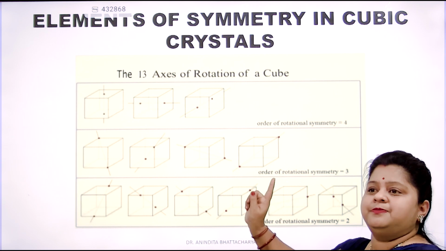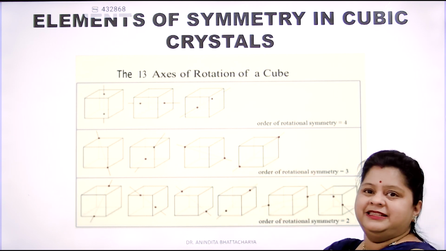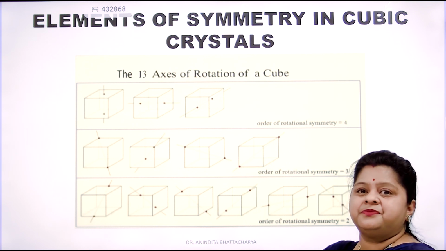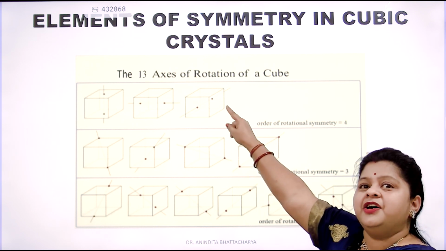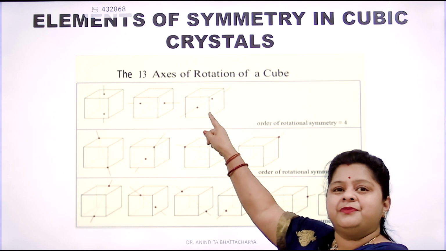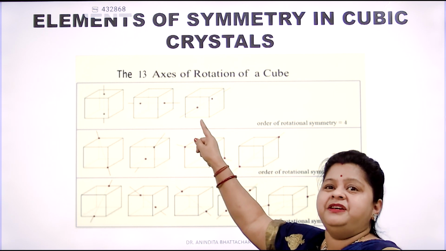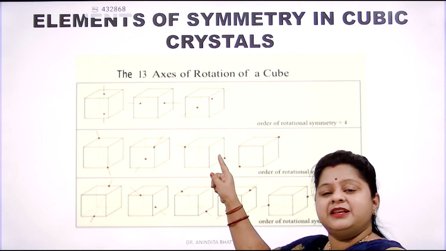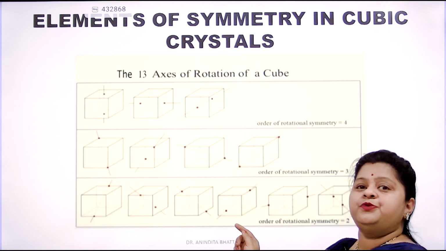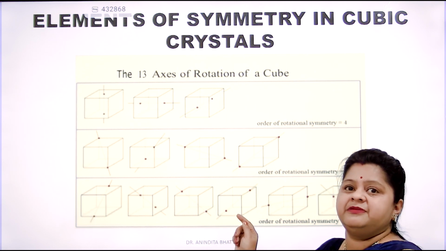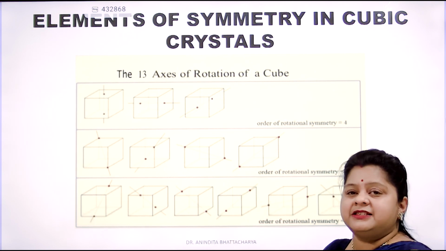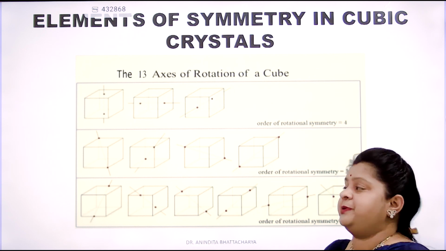So 6 plus 4 plus 3, that makes it 13. In this, what is the angle? It is 4, that means the angle is 90. Then it is 120, and in the two-fold it is 180. So you can see there are 13 rotational axes of symmetry.